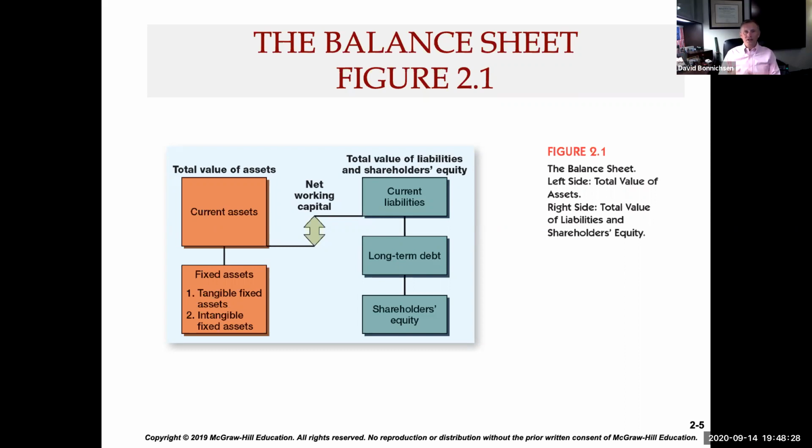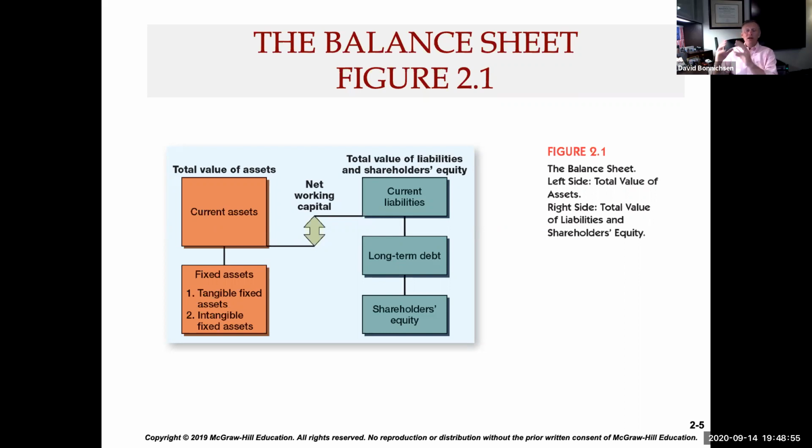So we want to see positive net working capital. It means our assets are working efficiently. It means our business is working efficiently. It means our accounting department is doing a really good job converting that accounts receivable into cash. Our sales guys are doing a good job converting that inventory into accounts receivable and subsequently into cash. So positive net working capital is a good thing for a firm, okay?